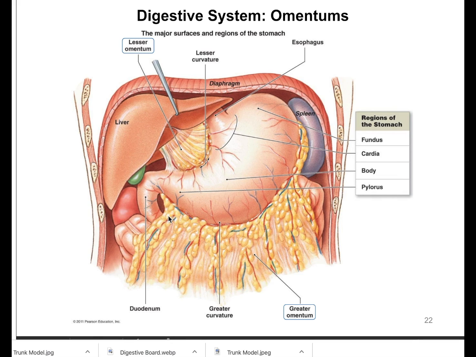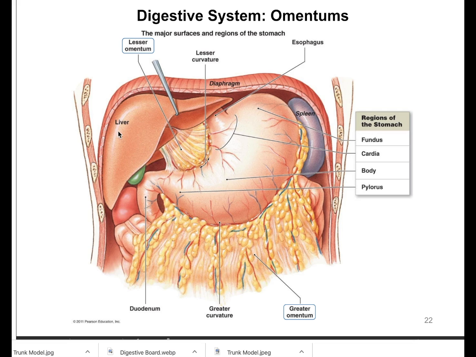If you remember the sideways picture of the different mesenteries of the peritoneal cavity, the linings of that peritoneal cavity are these omentums.